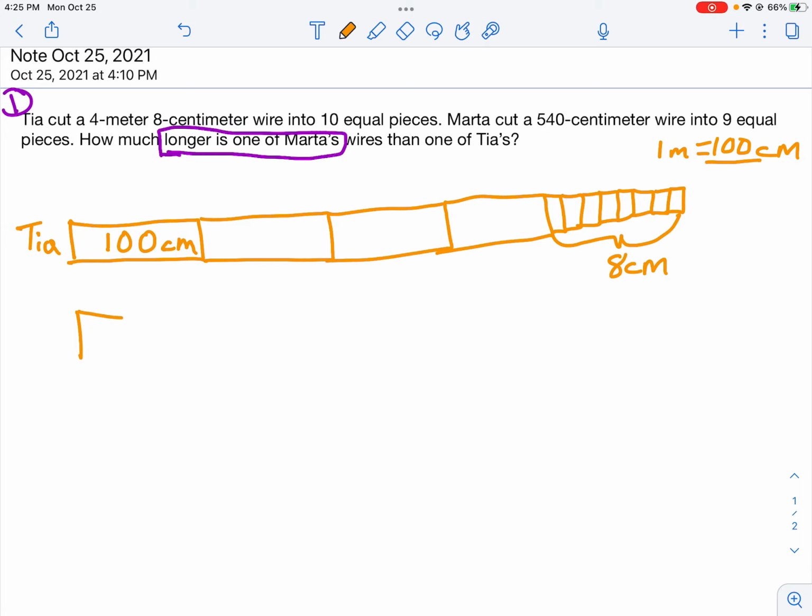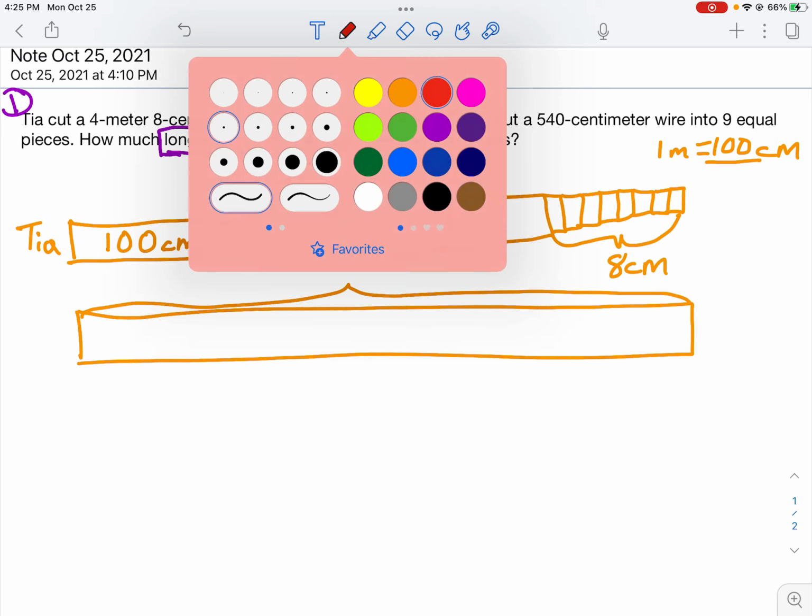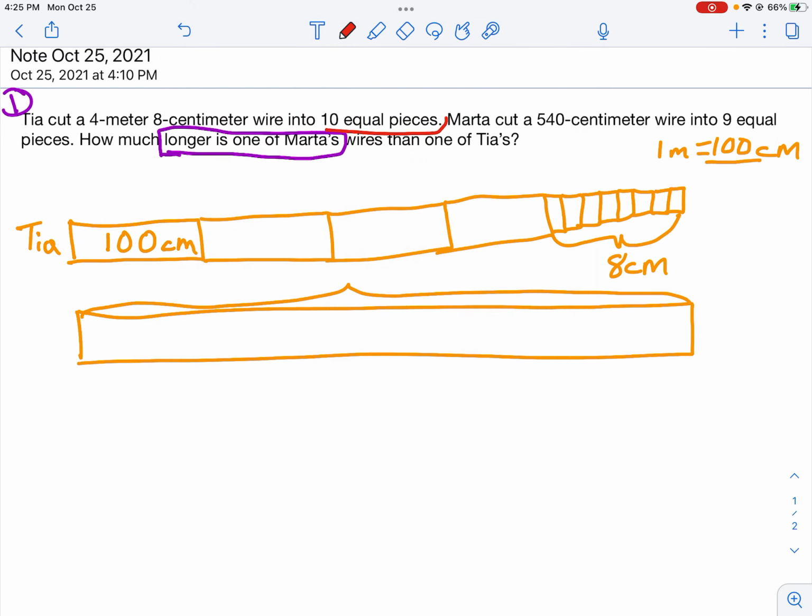So in total, how many centimeters do we have? And once you get that, you're going to divide this second one into the 10 equal pieces.